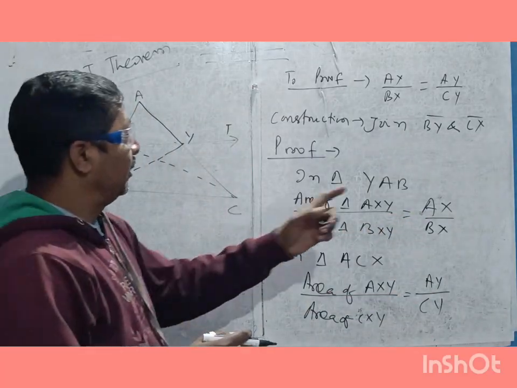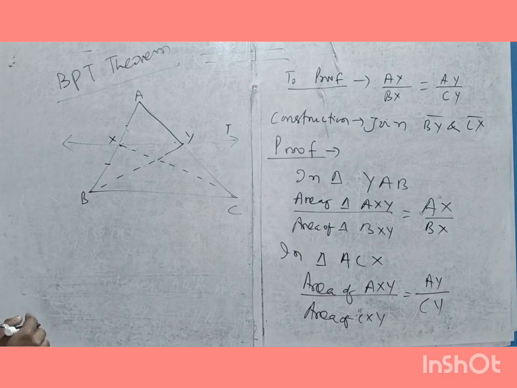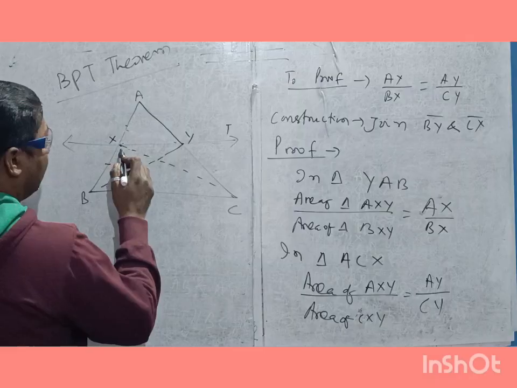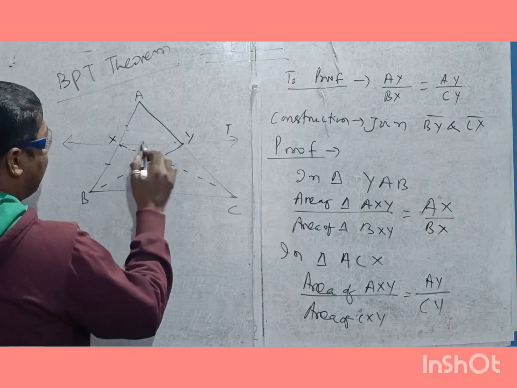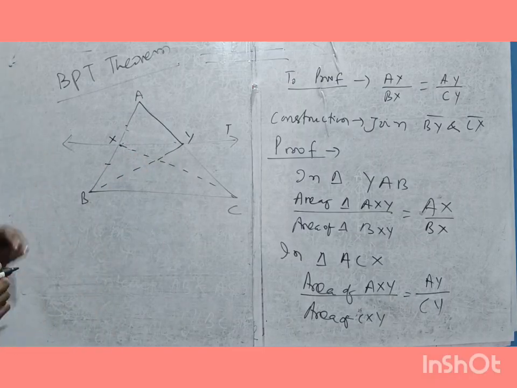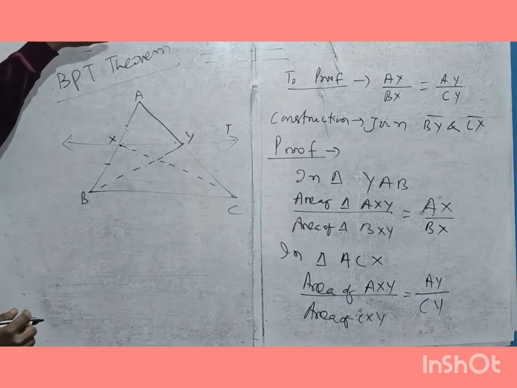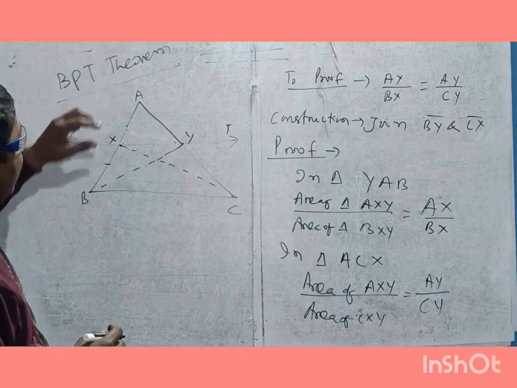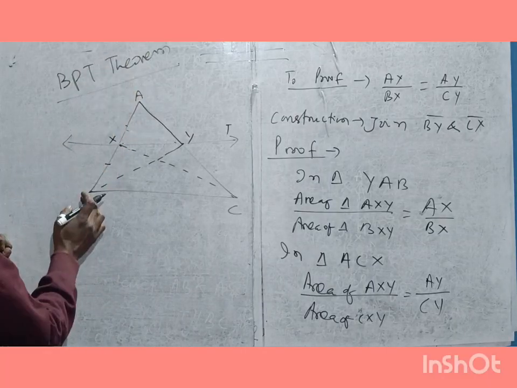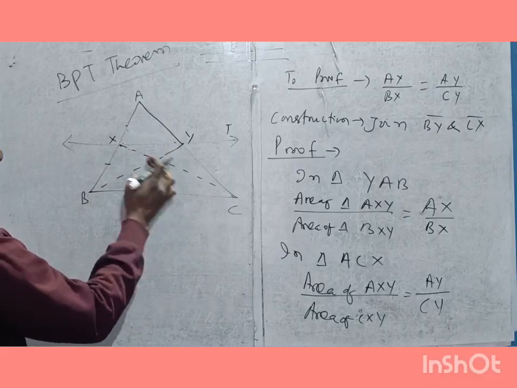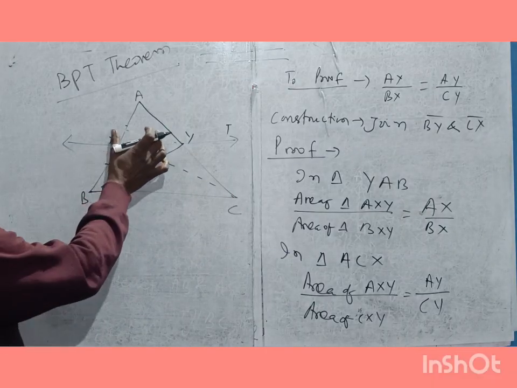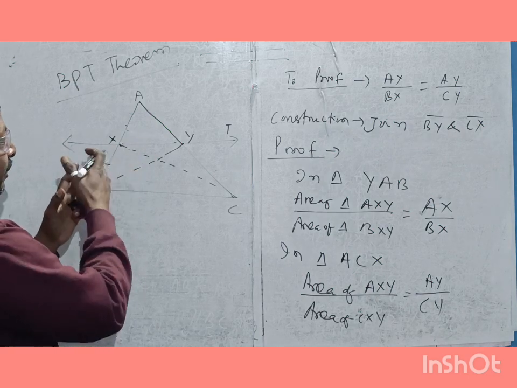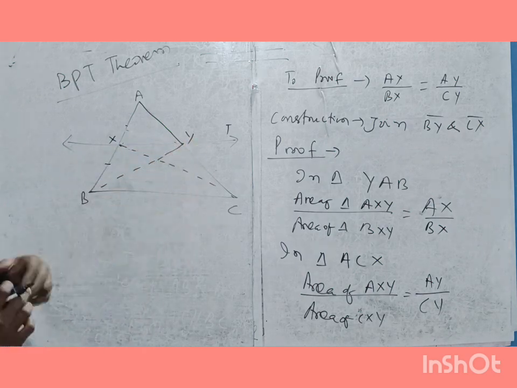We have to make this and this equal in what way? See the triangles BXY and CXY from this side. So make yourself sitting here and see carefully from this side. BXY and CXY having the same base XY and they both are present between the parallel lines T and BC.